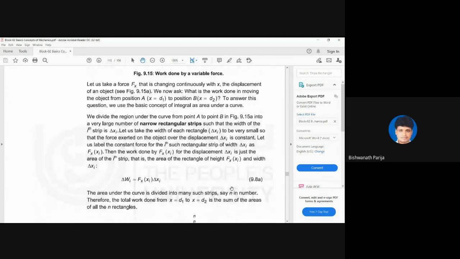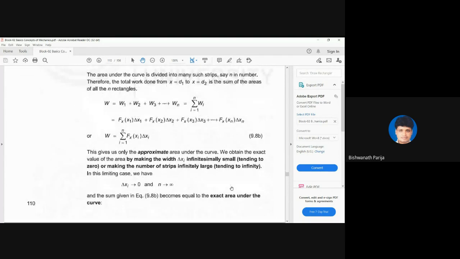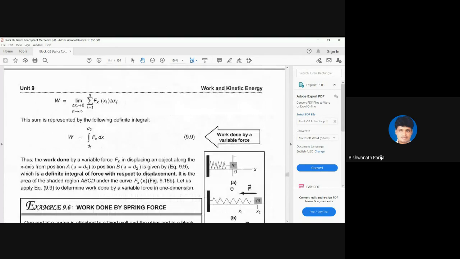So it is a range, and by this method finally we get the formula: work done equals the integral of force into displacement, ranging from d1 to d2. Suppose displacement is given from 0 to 5 meters and the variable force is given, you integrate it, then take the limits, and you will get the value. So this formula is very important for variable force.